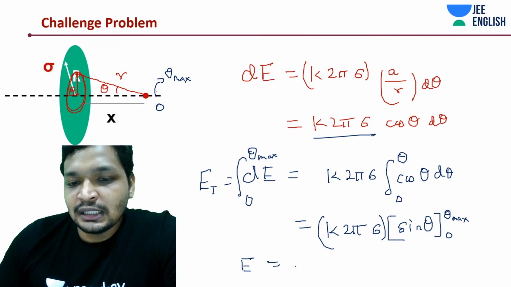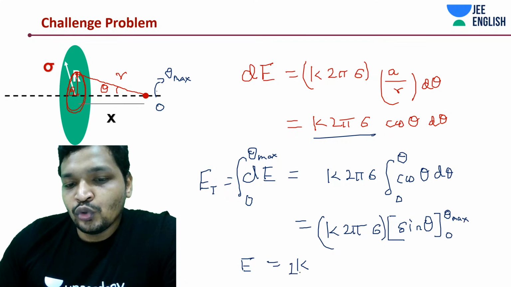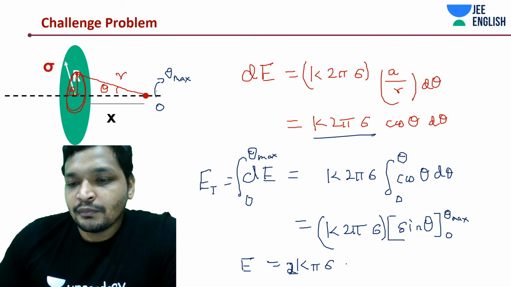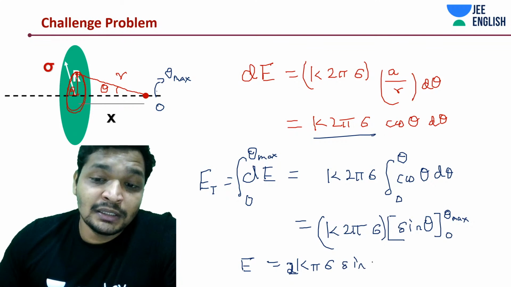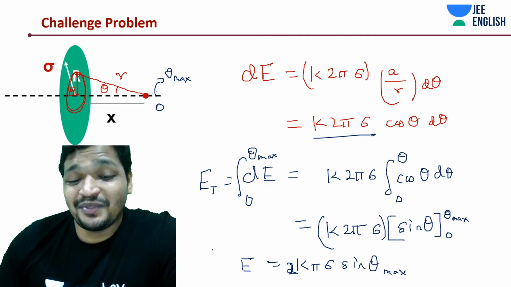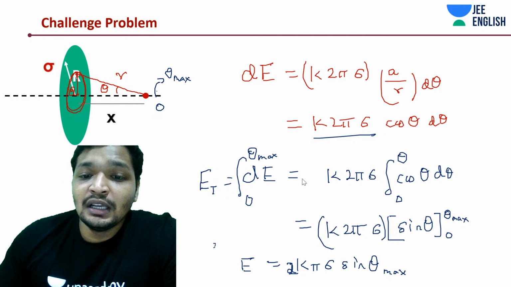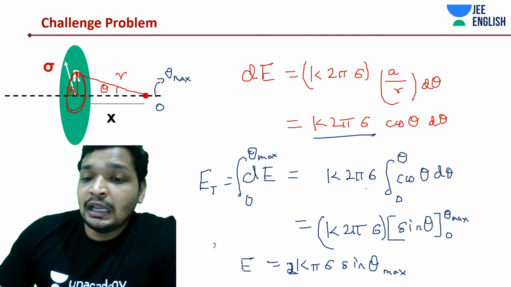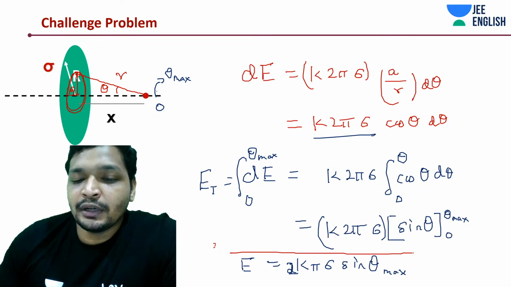So this is 2 k pi sigma sine theta max. If you want, you can remember this and simply substitute it, but I don't know whether you want to do that. If so, I'll come to the point later.